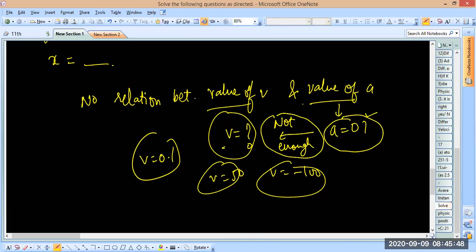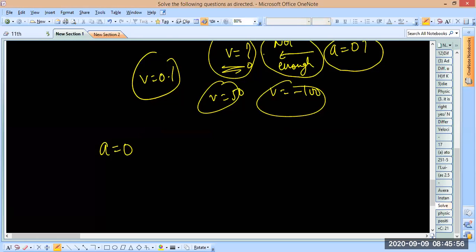All right, so that's why if someone says a is 0, suppose this is question number 1: if a is 0, find v. Then obviously this question will have just one answer: cannot be found.